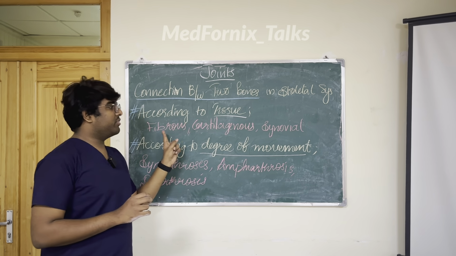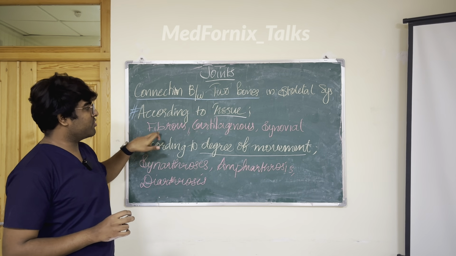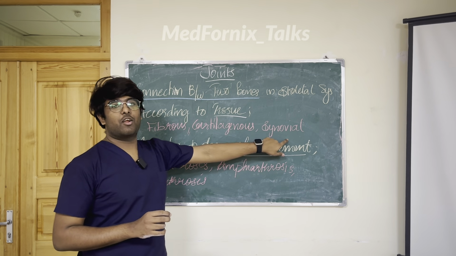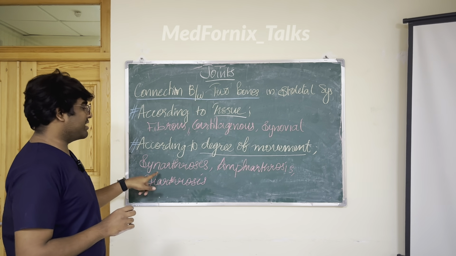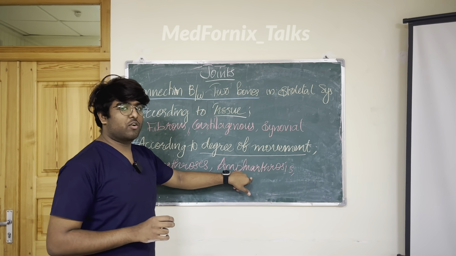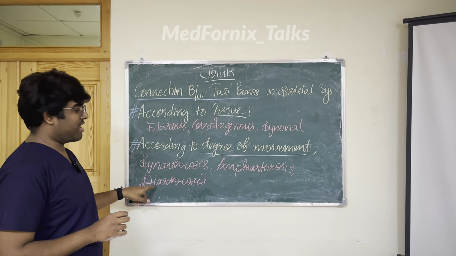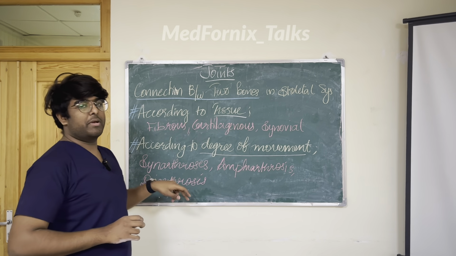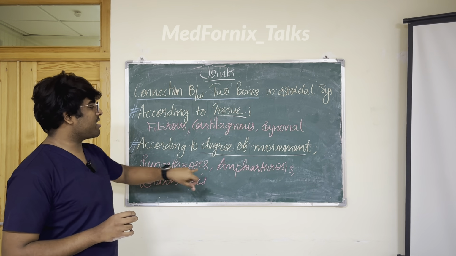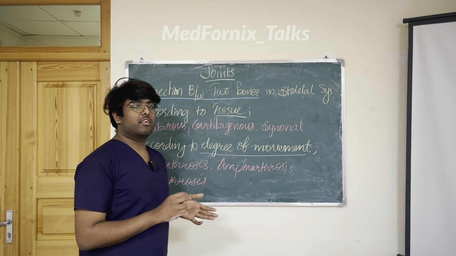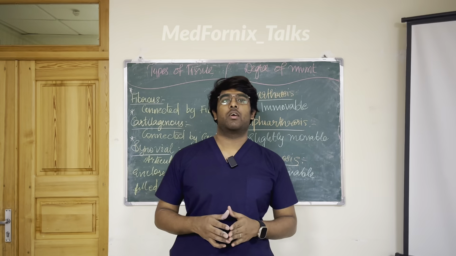According to tissue, we have three types of joint: fibrous joint, cartilaginous joint, and synovial joint. According to the degree of movement, there are three types: synarthrosis, amphiarthrosis, and diarthrosis. As I told you, arth means joint, like arthrology is the study of joints. These are the two classifications of joints.